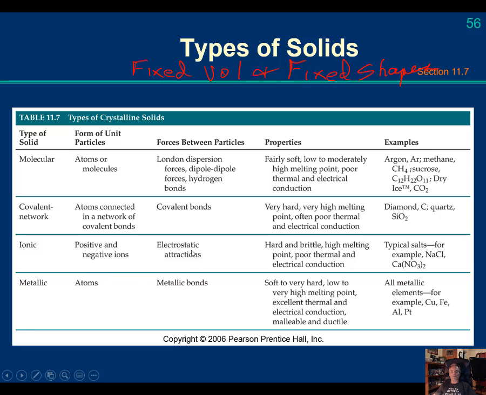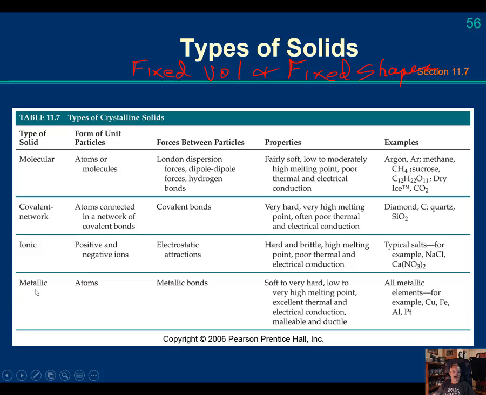So we're going to take a pretty close look at that. Hard, brittle, high melting point, poor thermal and electrical conduction. Typical examples: sodium chloride, calcium nitrate, calcium chloride. Any number of ionic compounds could fit into those examples.